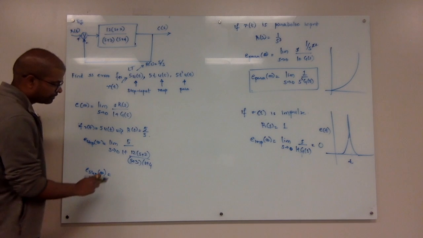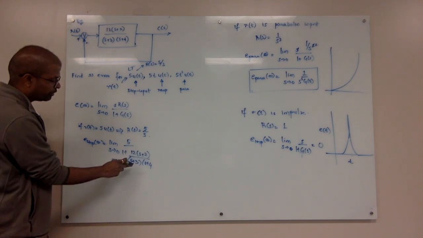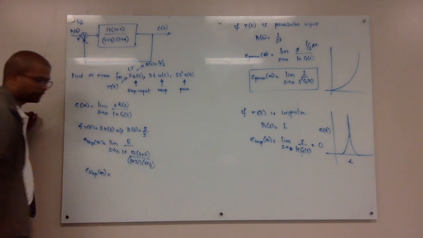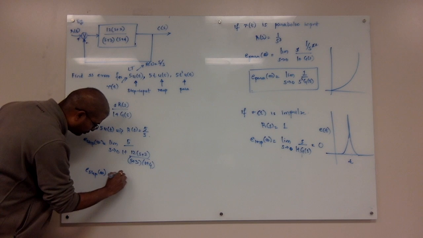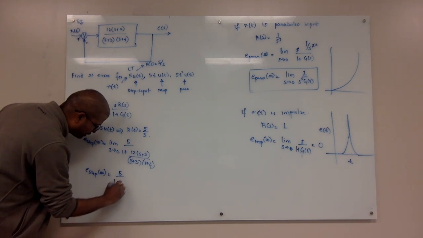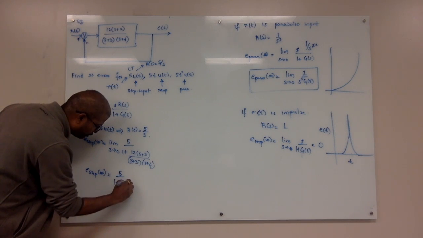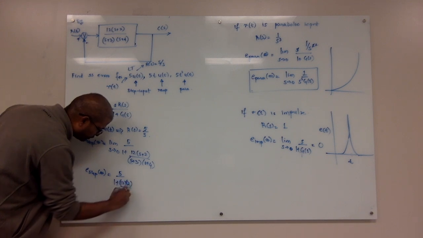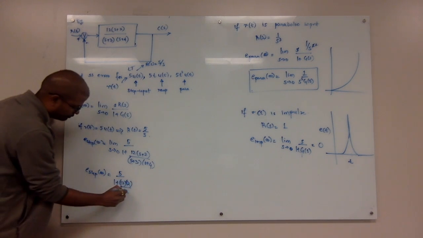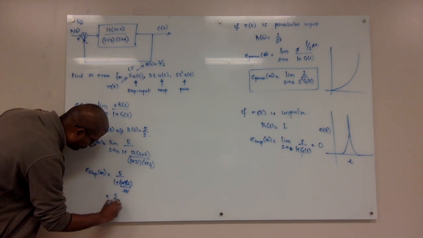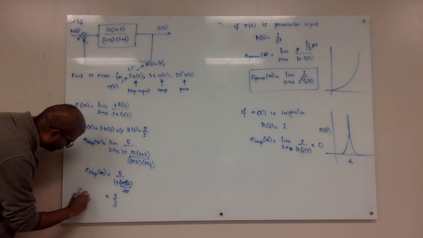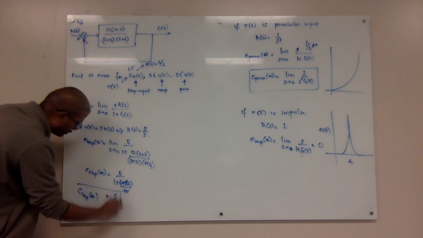So what you're going to get is 12 into 2 divided by 3 into 4, which is 24 over 12. Then 5 over 1 plus 2 is 5 over 3. Okay, this is how you solve.